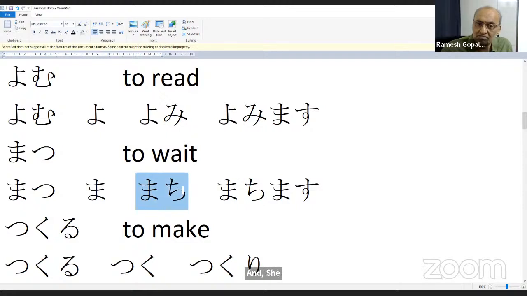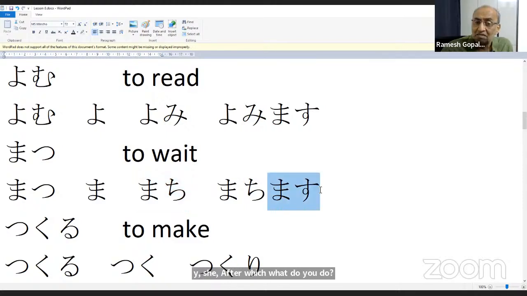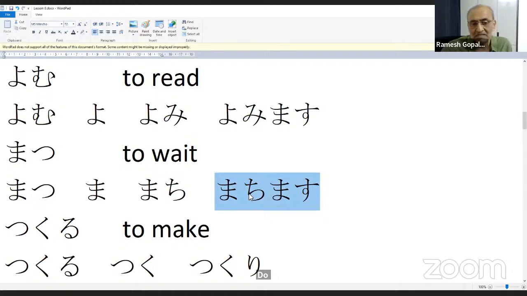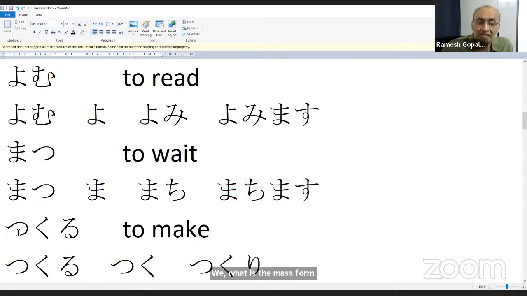So you've got machi. After which, what do you do? Add mas. Now, what is the dictionary form? Matsu. What does it mean? To wait. What is the mas form? Machimas. Okay.